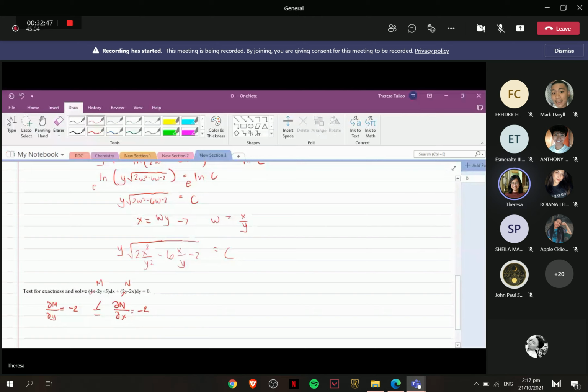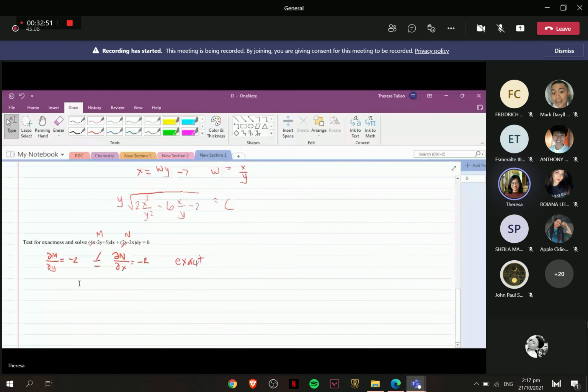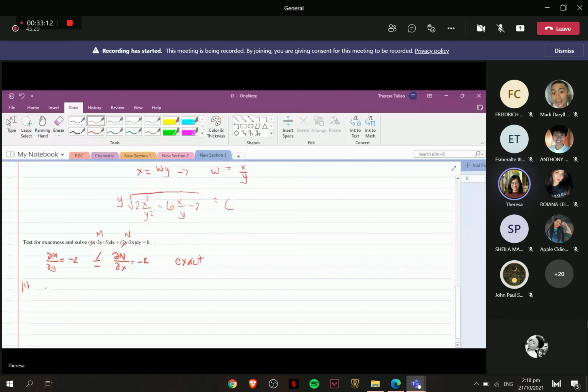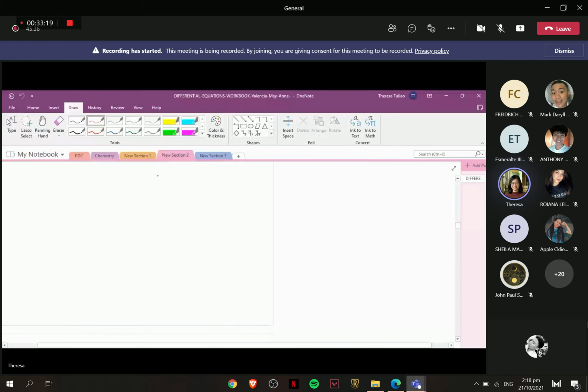Okay. So, now that it's exact, we can use either the first solution or the second solution. Excuse me. Okay, so first solution muna tayo. Balikan natin yung kanina. Ito yung form ng first solution natin, first equation natin sa first solution.